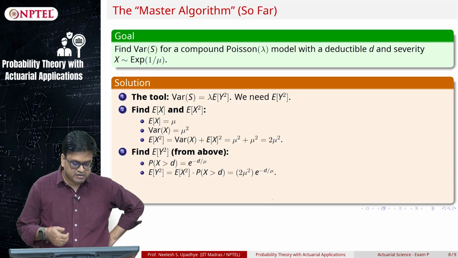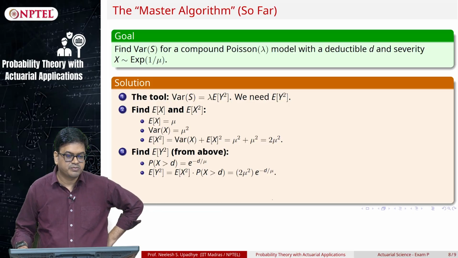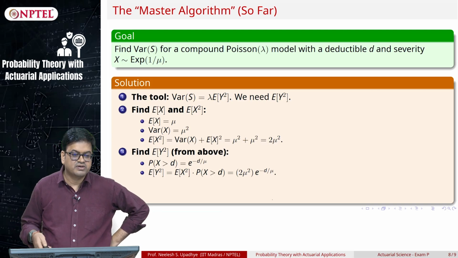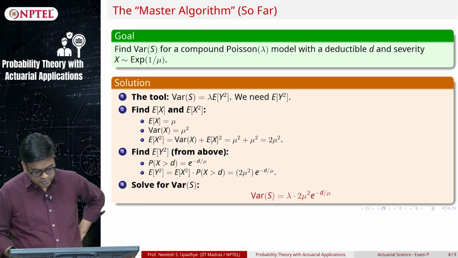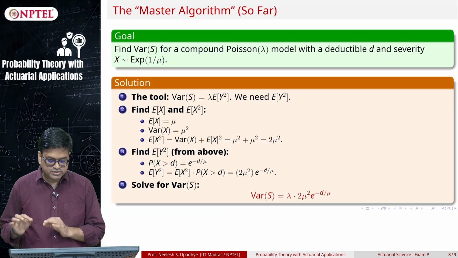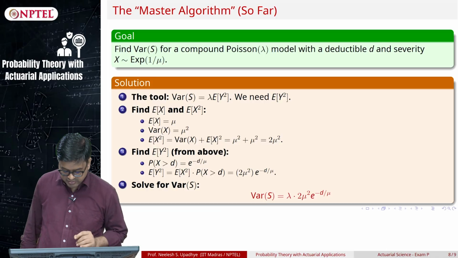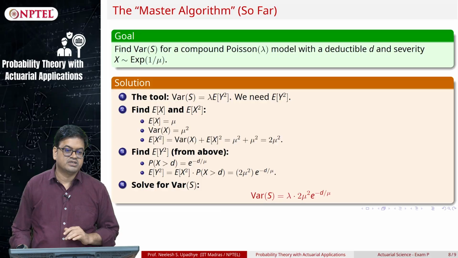Then the expected value of y squared is 2 mu squared times e raised to minus d by mu. So, I have a formula for the variance of the aggregate claim with deductible, equal to lambda times 2 mu squared e raised to minus d by mu, where this lambda is coming from the Poisson, and 1 by mu is the rate parameter of the exponential distribution.